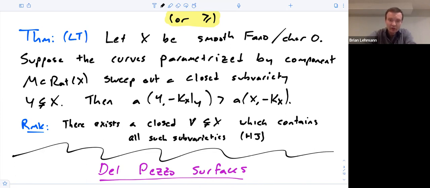And in practice, we can use techniques from the minimal model program to try to understand what this closed sublocus looks like. It's usually easier to find these subvarieties than it is to just understand rational curves by hand somehow. So this gives us a different way where we can use tools such as the minimal model program to approach this classification problem for rational curves.